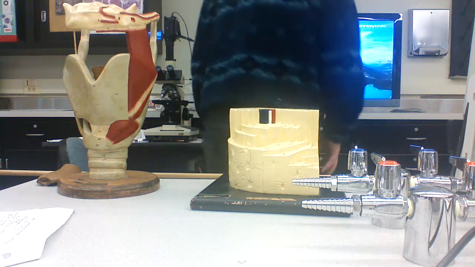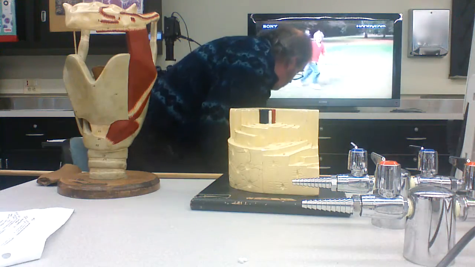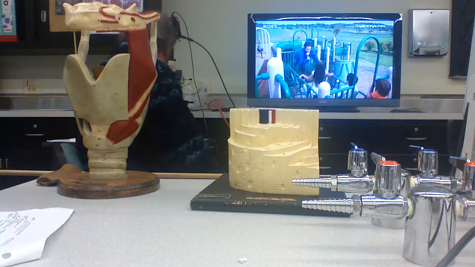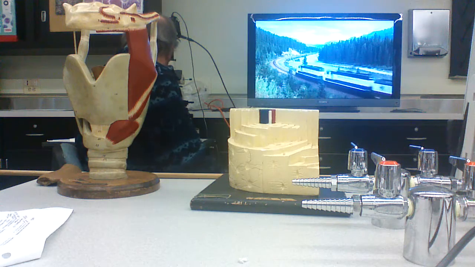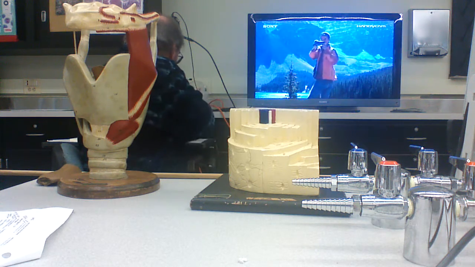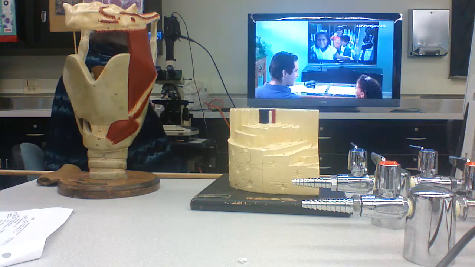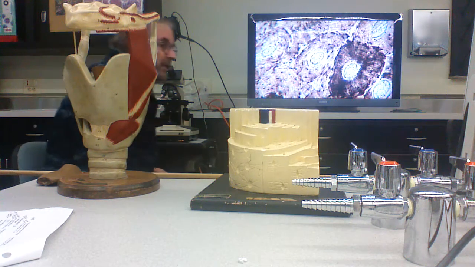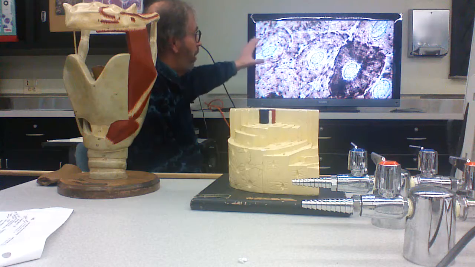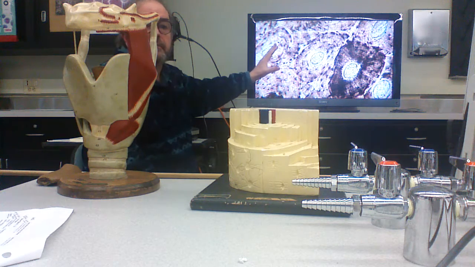So as a result, the cylindrical arrangement of compact bone is carried down to the cellular level. Now, importantly, all of the bone is alive.